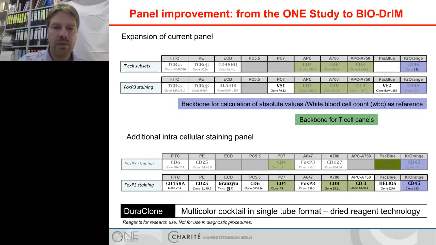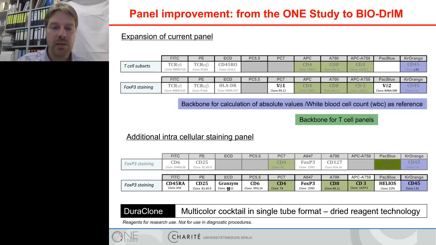As one example, we used the panel for the T-cell subsets and combined 2 additional markers, because recent publications showed that a ratio of the V delta 1 and V delta 2 cells gives us information about upcoming operational tolerance. Therefore, we added these markers to the ONE Study panel.